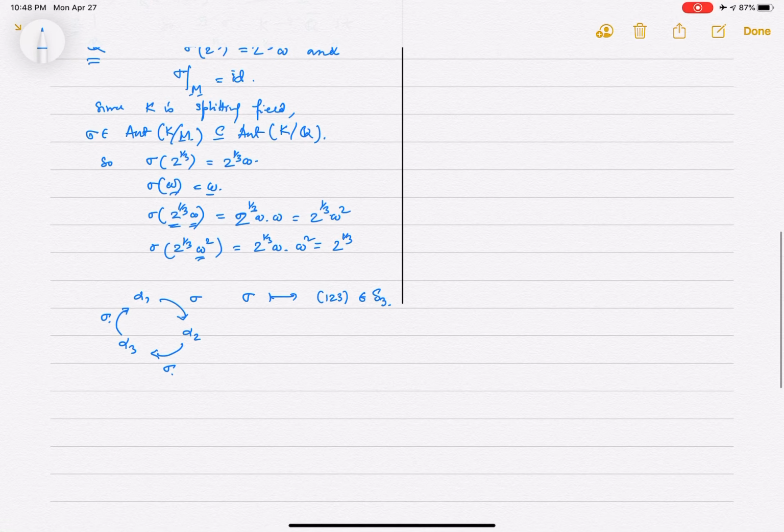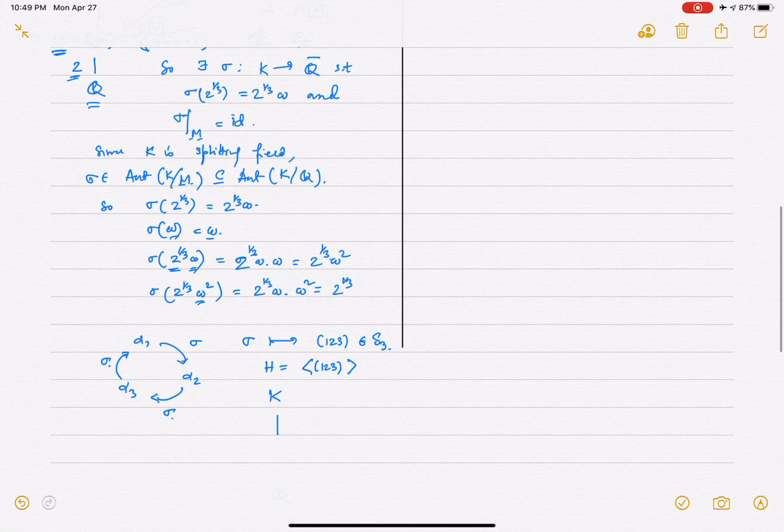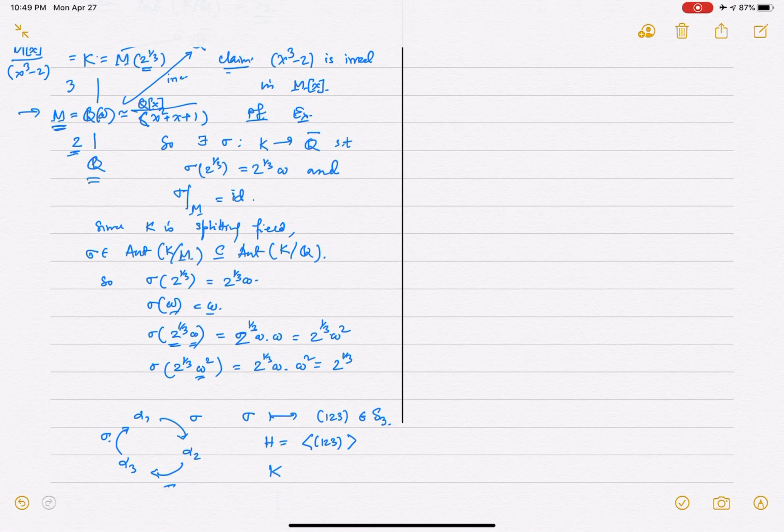And once you have done that, and it would also follow from some general theorem that we prove in a little bit, you could look at the subgroup generated by this (1 2 3). And what does it fix? Well, I claim it fixes omega. Of course, it fixes omega by definition.